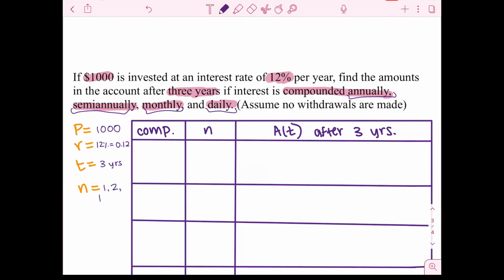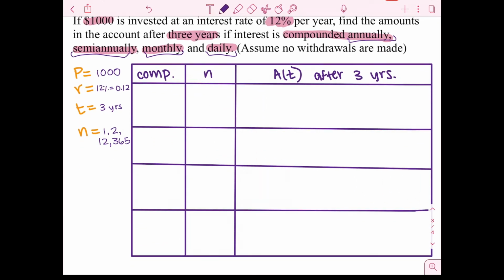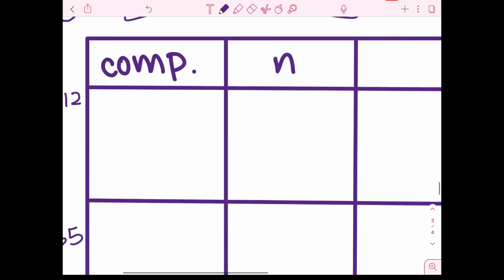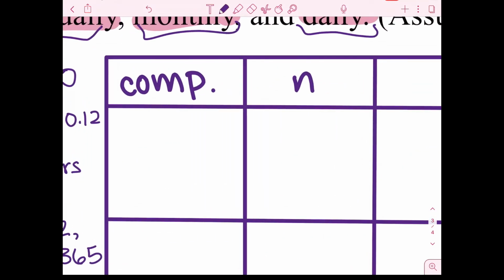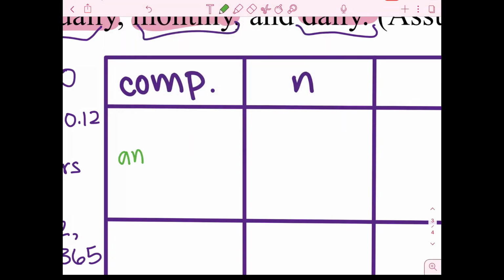Monthly is 12 times a year. And daily is going to be 365 times a year. That's a lot. Okay, so now we can plug all of this stuff into our chart. So our compounding column, we're going to start off with annually. I'm going to use a different color. So we're starting off with compounding annually.